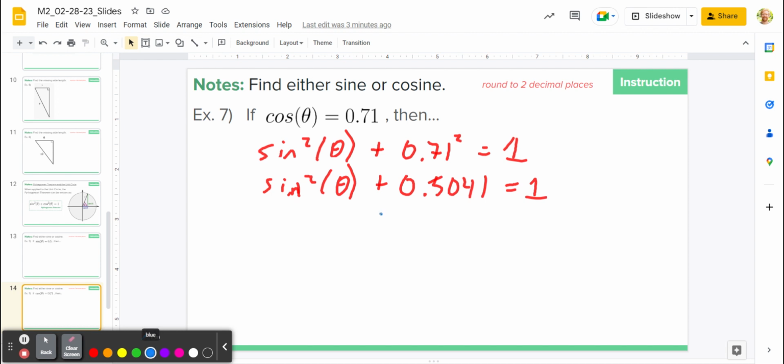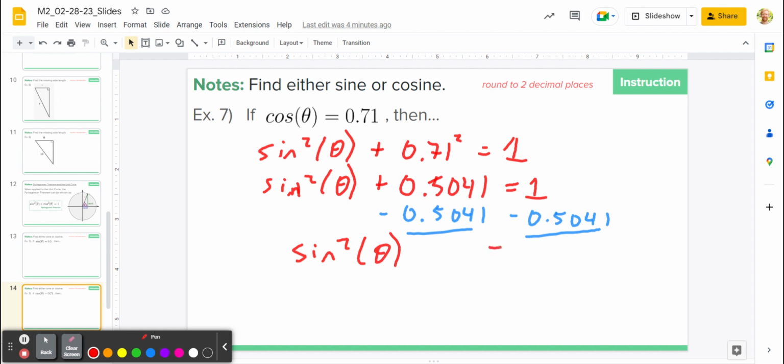So let's subtract this from both sides. Minus 0.5041, minus 0.5041. That cancels out on the left, so we're just left with our sine squared. And on the right, 1 minus 0.5041 is going to give us 0.4959.